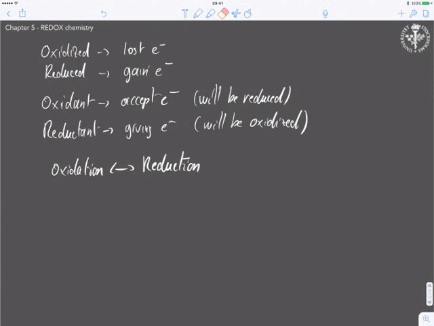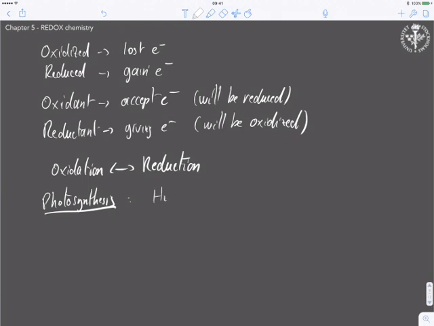Let's take an example. Photosynthesis. What is a very simplified way of writing an equation of photosynthesis?